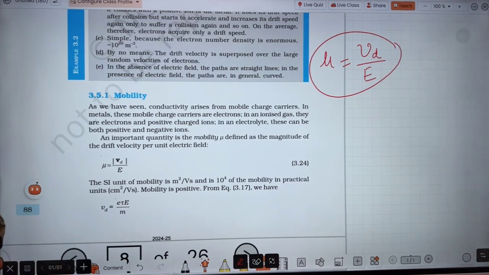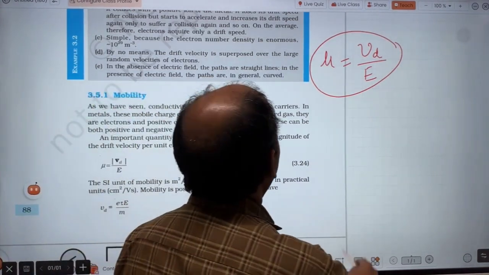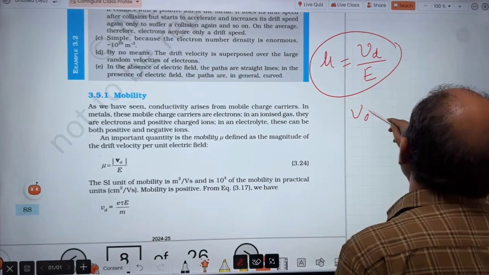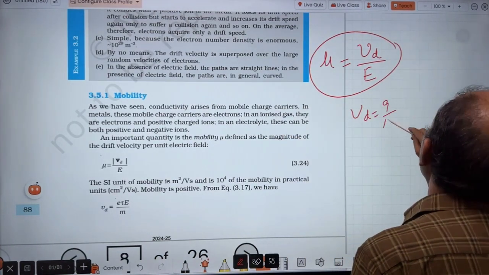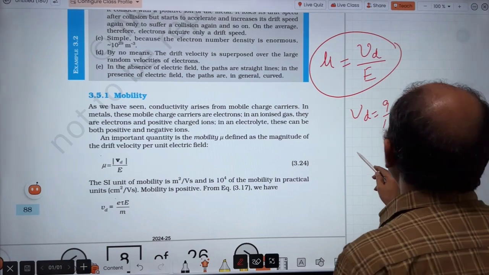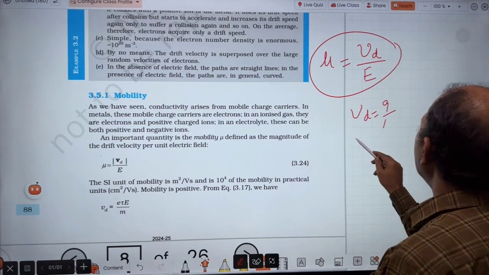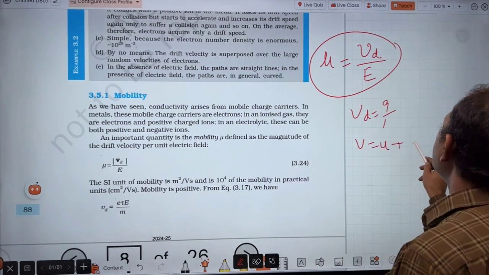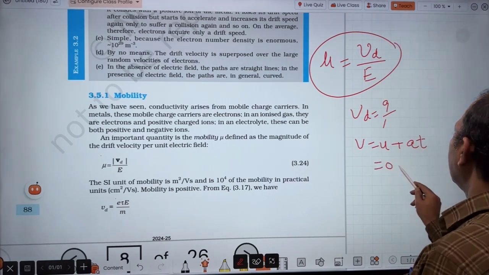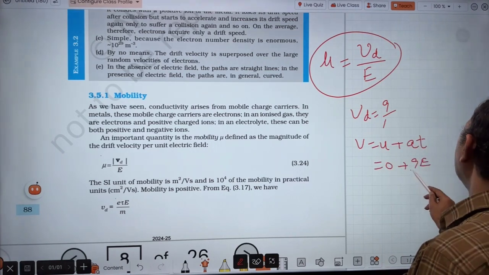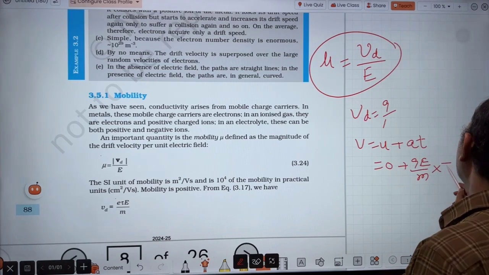And now, if you remember, what is drift velocity? We have done it earlier. What is the formula from where we derived it? v equal to u plus at, and u we took as 0, and this is qE upon m into tau.